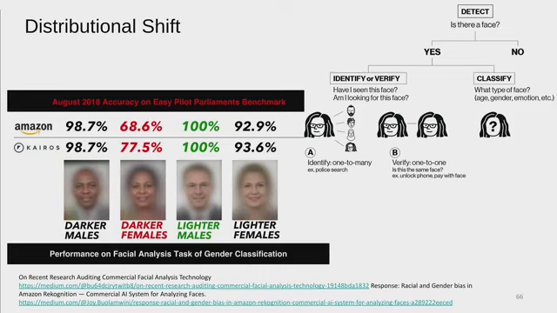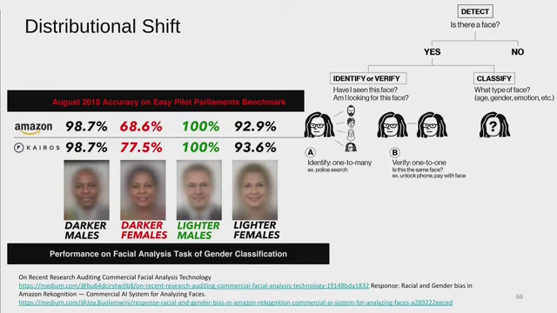The issue is it works really, really well on Caucasian males, very likely because the data set contained about 98% images of Caucasian males.